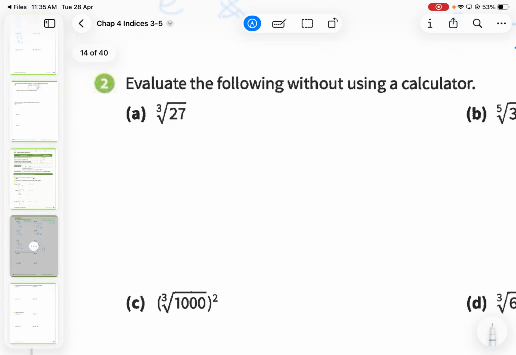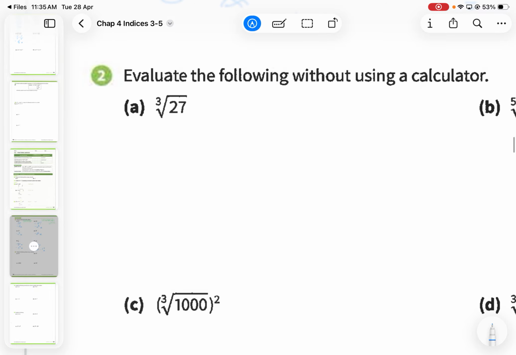Okay, question 2. Evaluate the following without using a calculator. If in the exam they say don't use your calculator, that means they expect you to show a certain working.